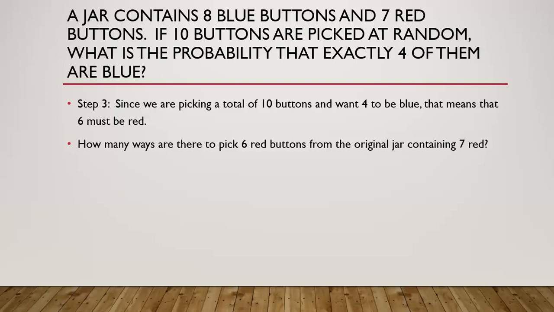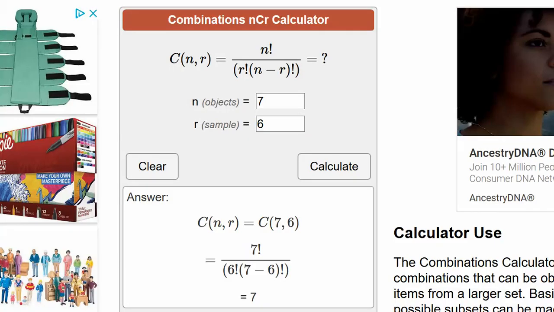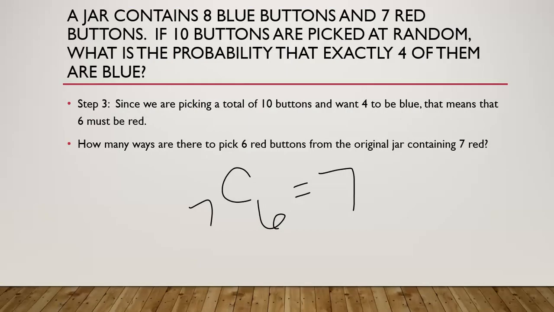We're going to find the number of ways there are to pick 6 red buttons from the original jar that contained 7 red. So our combination of 7 choose 6 is actually 7, because essentially what you're doing is you're picking one that you're not selecting. So I wrote down 7 ways to choose my 6 reds.